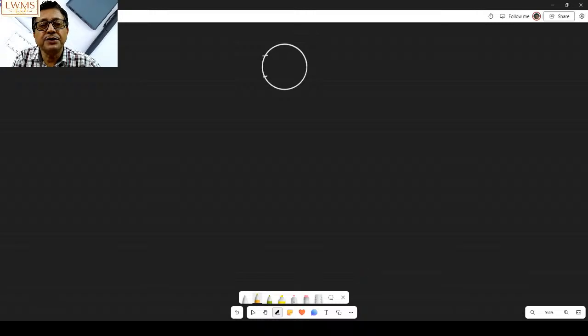Imagine this is a sphere, and this is a part of it. Don't think that this is a line segment. This portion will behave like a mirror, and that mirror can be convex or concave.